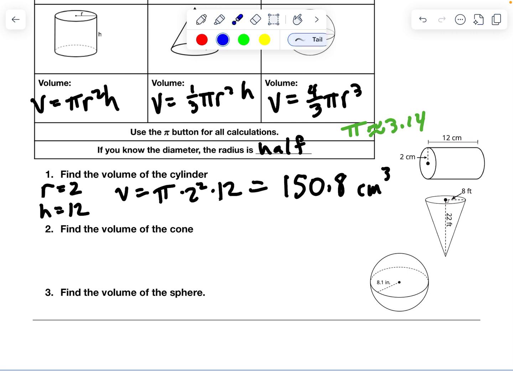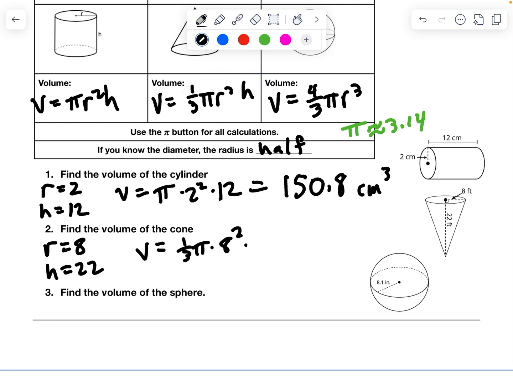All right, number 2, radius of 8 feet, height of 22 feet. So radius equals 8, height equals 22. Those go into my volume formula. So volume equals 1/3 pi times 8 squared times 22.